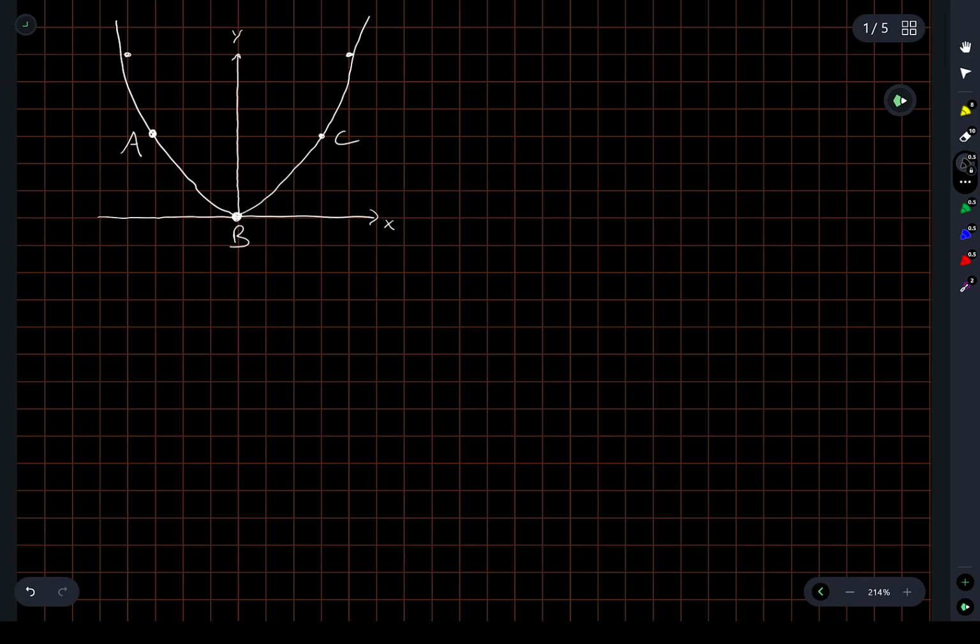And what I'll do is the variable x will represent the horizontal coordinate of the point C. Okay, so the point C is going to be at x, x squared, and the point A is going to be at negative x, x squared. And the triangle ABC is supposed to be an equilateral triangle.